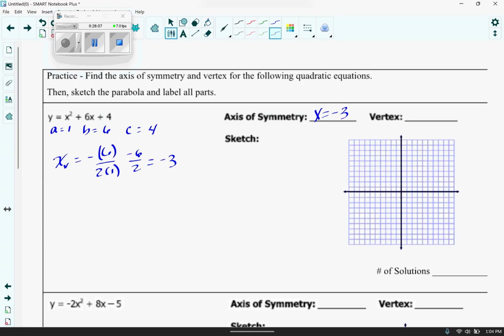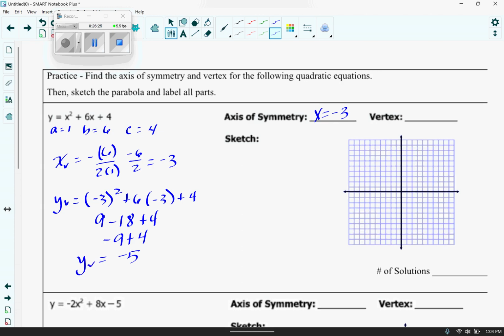Then I'm going to plug it in. I'm going to say y value of the vertex is negative 3 squared plus 6 times negative 3 plus 4. So 9 minus 18 plus 4, negative 9 plus 4, negative 5. So negative 3, negative 5.